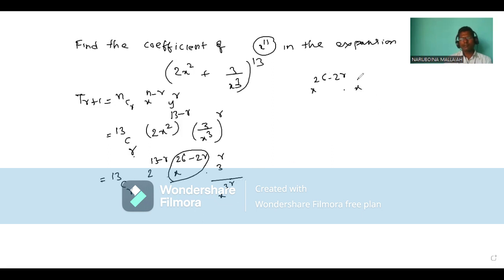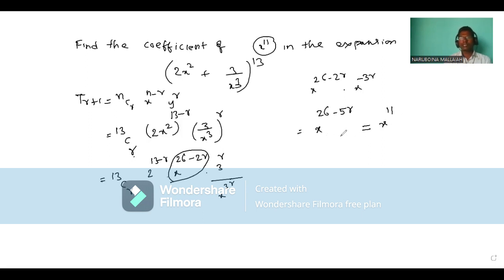So write it in the numerator. That means x to the power of minus 3r. Plus 3r becomes minus 3r. Now the base is x, so add these two numbers: 26 minus 2r minus 3r. Totally we have 5 r's. After simplifying this, you must equate to x to the power of 11.